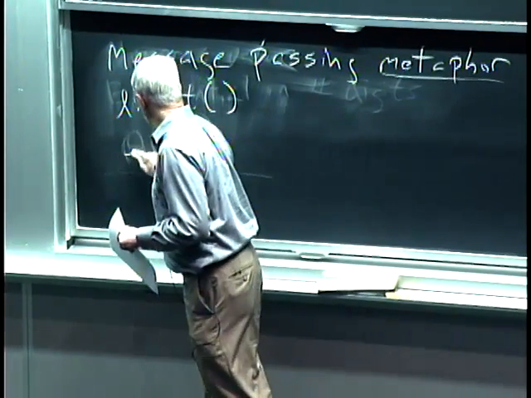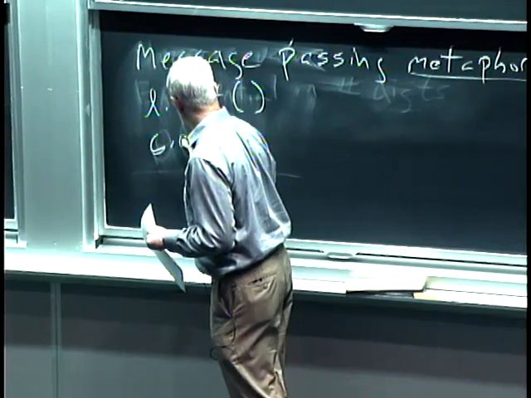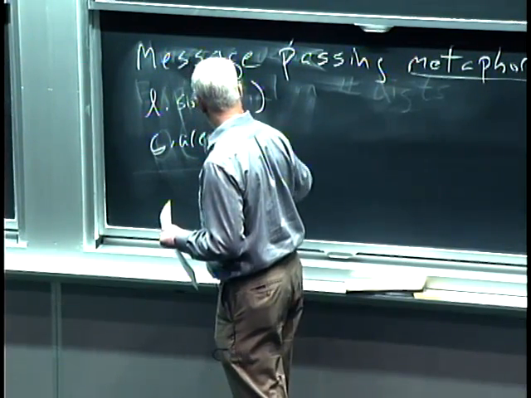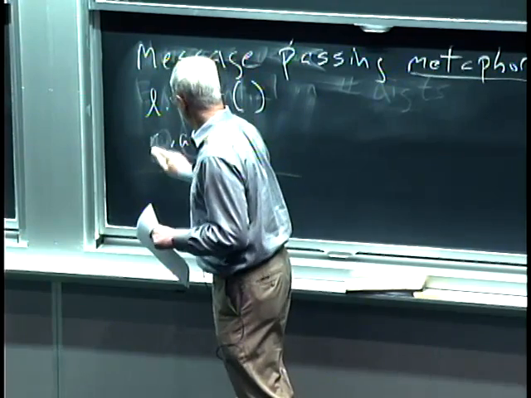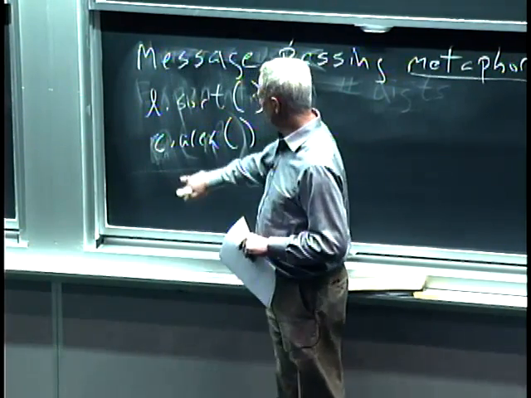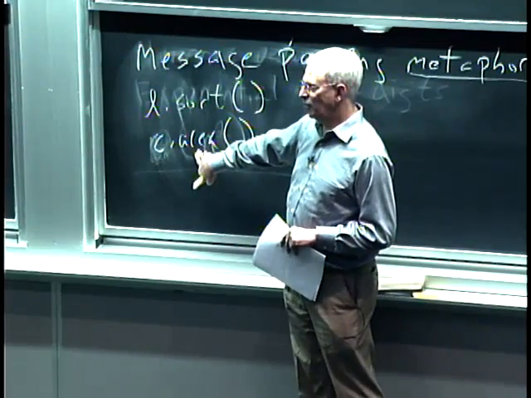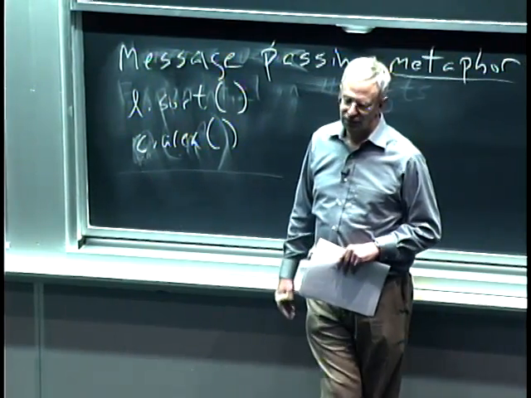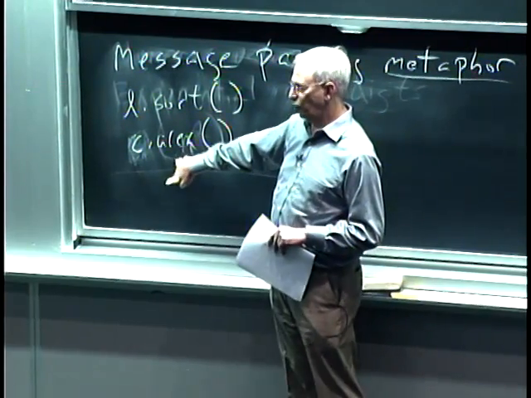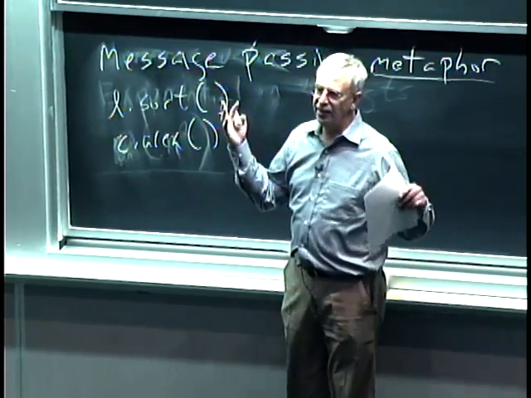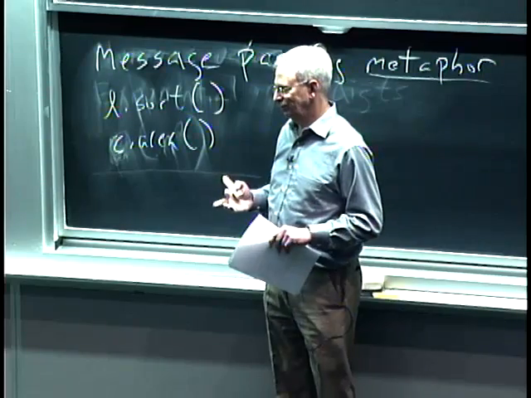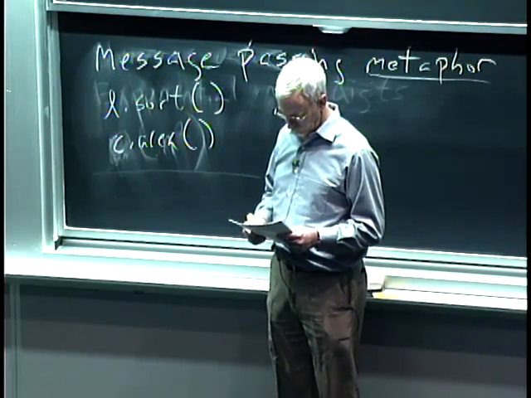If C is a circle, I might write something like C.area. And this would say, pass to the object denoted by the variable C the message area, which says execute a method called area, and in this case, the method might return a float rather than have a side effect.